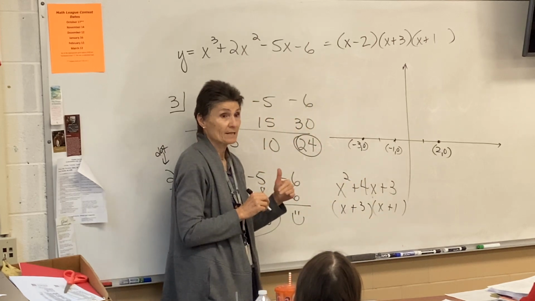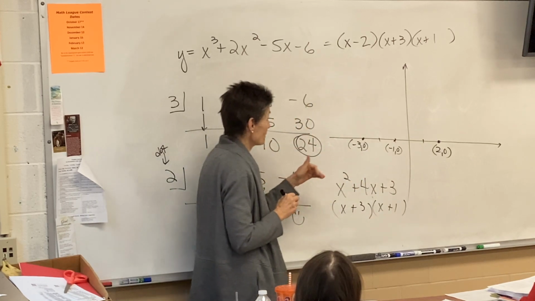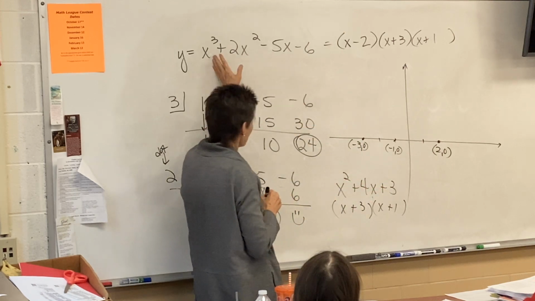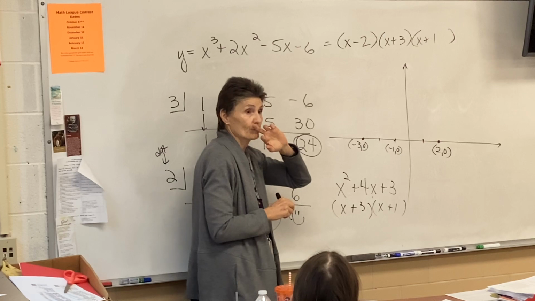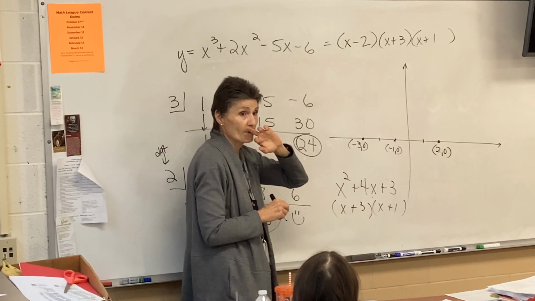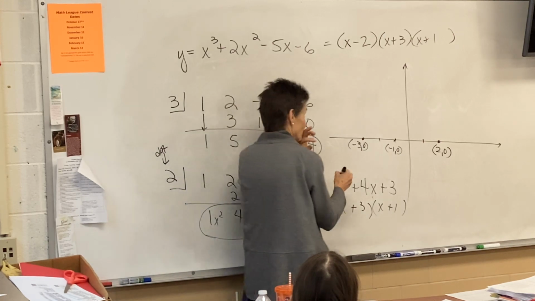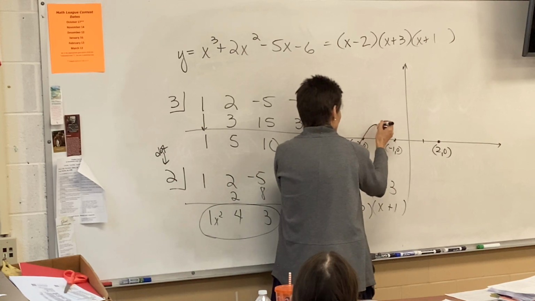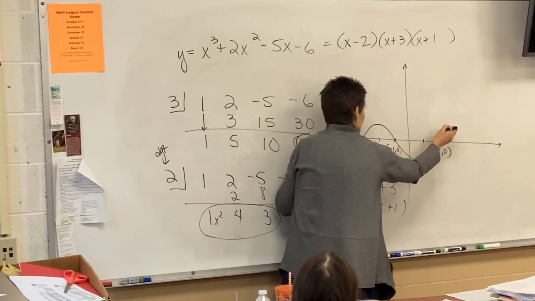Remember, our goal was to sketch this. So now we've got our factors, now we've got our dots. Now it's an x cubed. Where do I start? X cubed, come on, down here. Nothing bounces, it just goes right through.